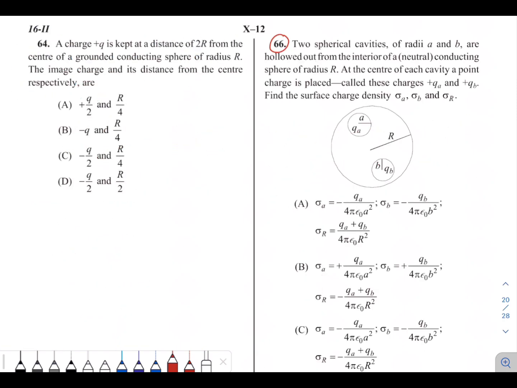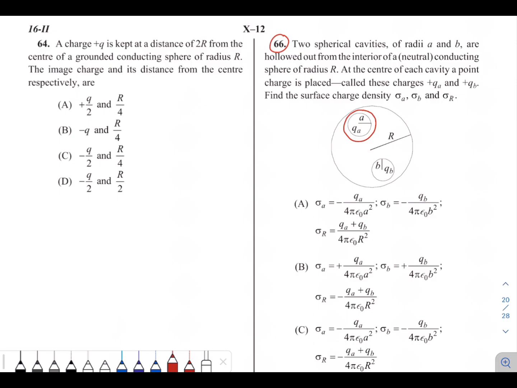Problem 66. Two spherical cavities of radii a and b are hollowed out from the interior of a neutral conducting sphere of radius r. At the center of each cavity, a point charge is placed. Call these charges plus Qa and plus Qb. Find the surface charge densities sigma a, sigma b and sigma r. So let us consider a Gaussian surface, a sphere that just encloses the first cavity. Since this Gaussian surface is inside the conductor, the electric field will be 0.